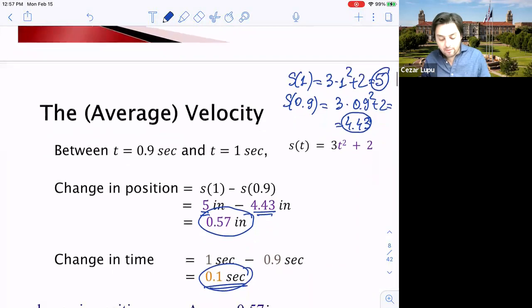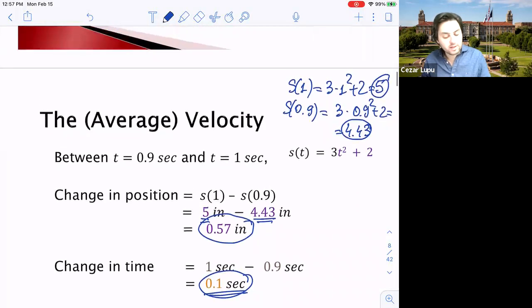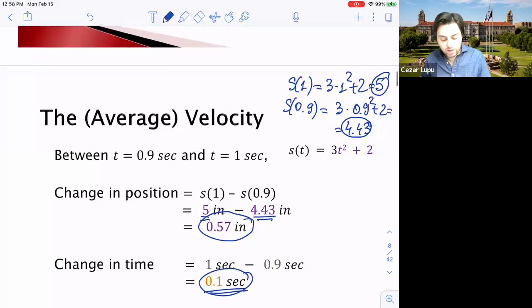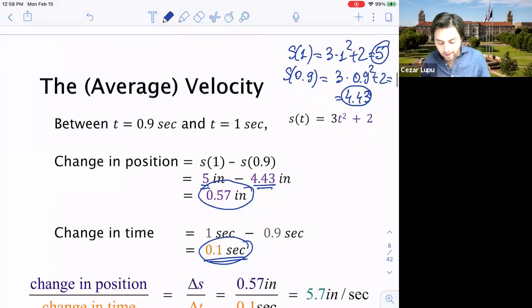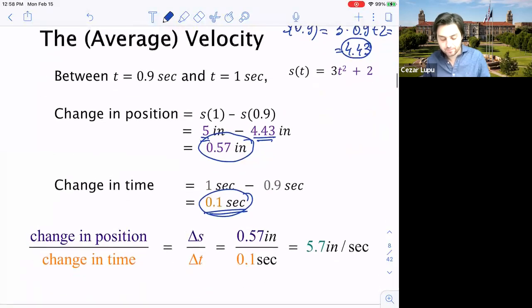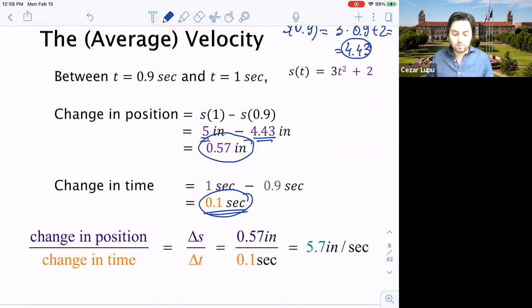Well, the average velocity will be nothing else than the change in position over the change in time. So that will be what we will call the average velocity. So you will just divide the two. So delta S will be the change in position, right?